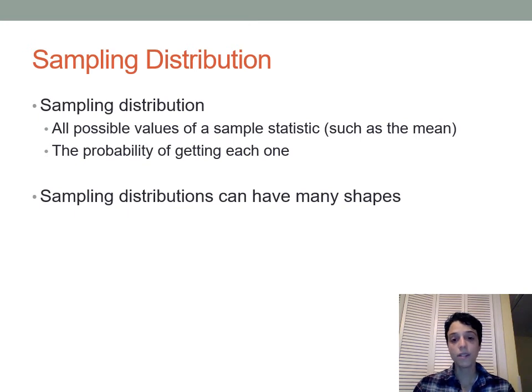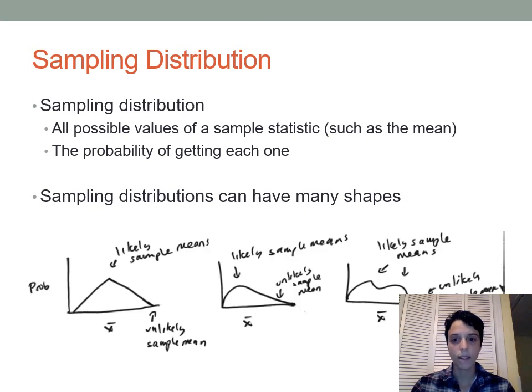And sampling distributions can have many shapes based on the underlying population. So these are some examples of sampling distributions that you might see. And what you have on the x-axis for all of them is some sample statistic. In this case, the sample statistic is a mean. And the higher your line on the probability distribution, the more likely it is. So in the first one, it's a triangle upside down, and the point is the most likely sample mean.